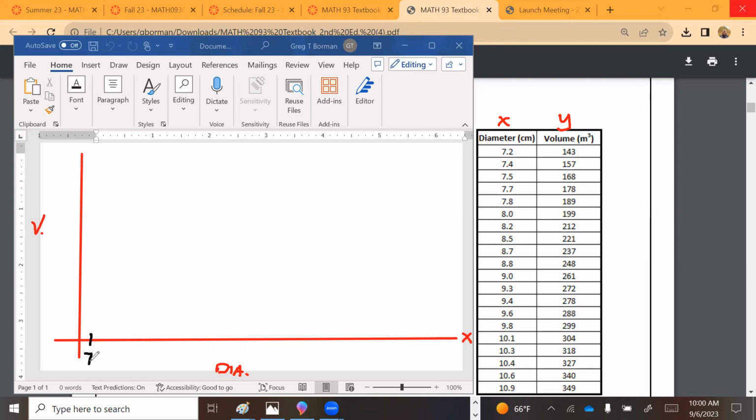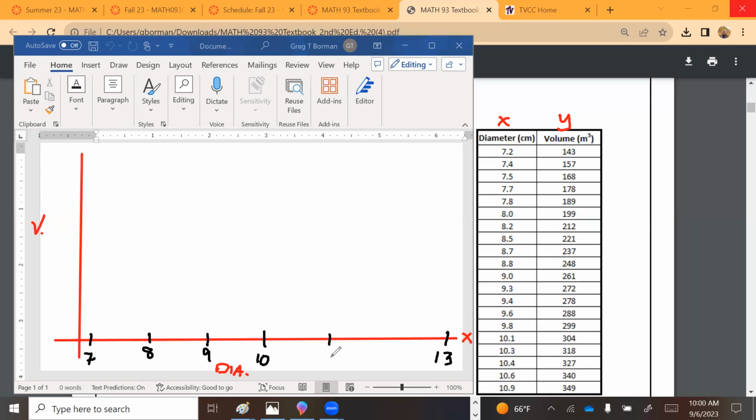We need to go all the way up to 13, where we'll stop. It would be helpful to have some tick marks in between. 7 to 13 is 6 centimeters, so right in the middle is 7 plus half of that, which is 10 centimeters. Then we could throw in our 8 and our 9.